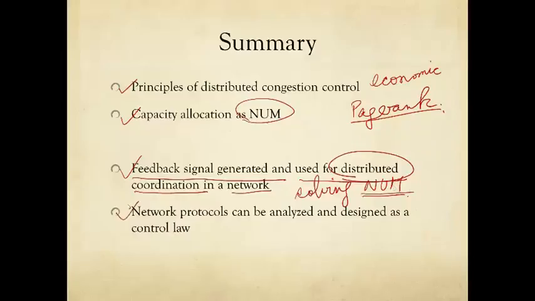And that insight came from this reverse engineering angle that says you can view network protocols like those controlling the Internet, analyze it, and even design it as a control law. It's easy for me to say today, but back 15, 20 years ago, it was quite an innovative angle.